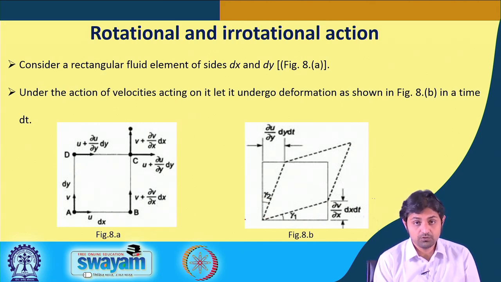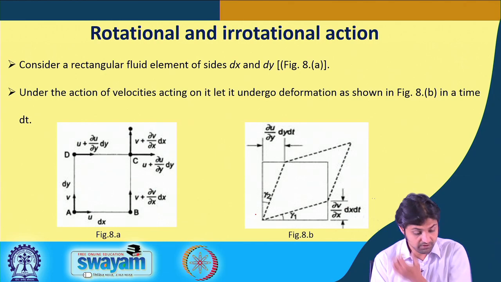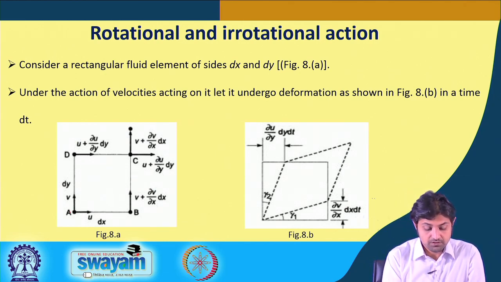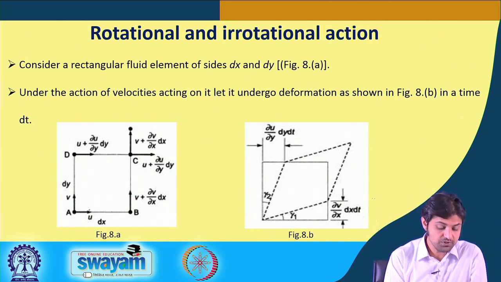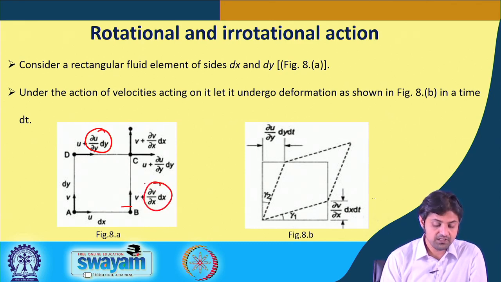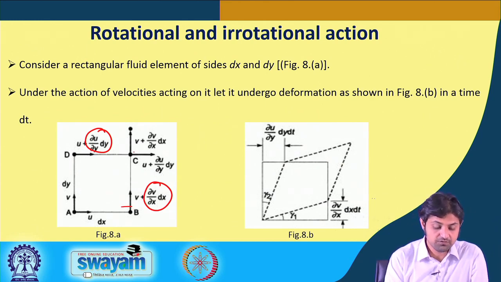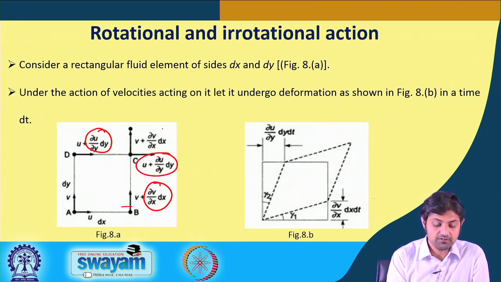So, this will undergo some rotation, and at point B the velocities are changing. u is changing in this direction as del u by del y into dy, and similarly this velocity is changing in the x direction as del v by del x dx. Therefore, the corresponding u and v velocities here will be u plus del u by del y dy, and v plus del v by del x dx.